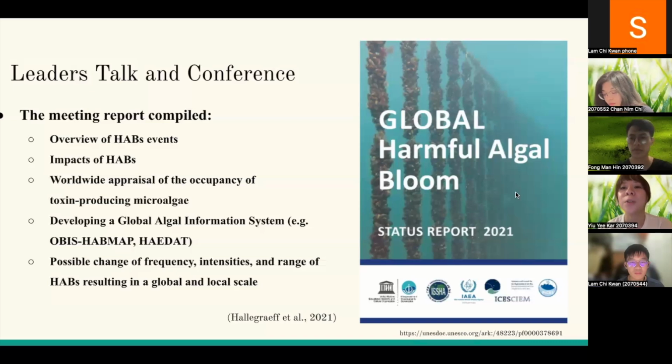Moreover, it aims to develop a global algal information system so that all countries can share information about algae and help others, and also to assess the possible change in frequency, intensity, and range of HABs, on a global and local scale.